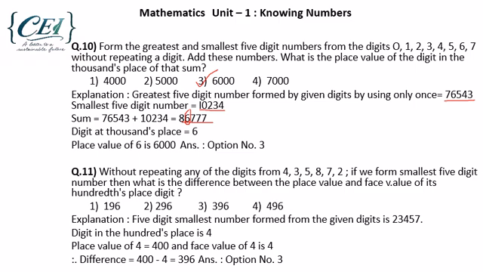Who is at the hundreds place? 4. The face value of the digit at the hundreds place is 4, and its place value is 400. So what is the difference? 396. The answer is 396. Correct.